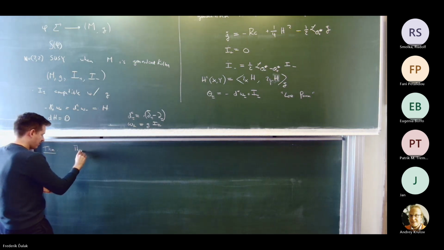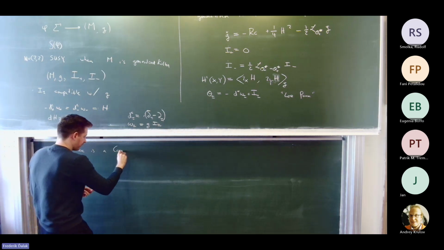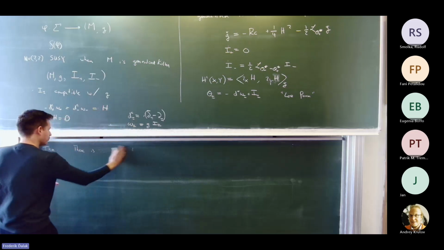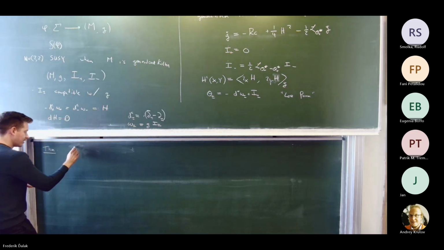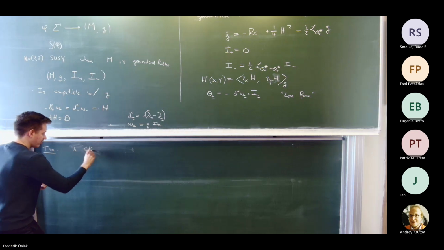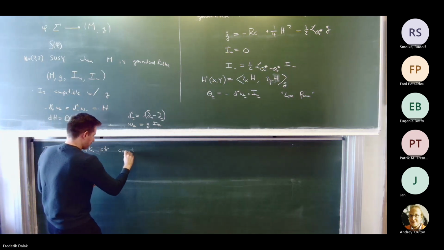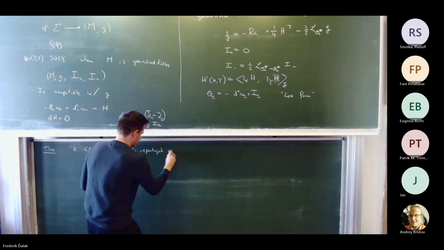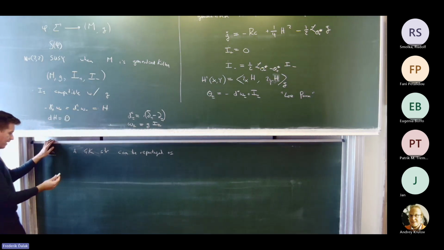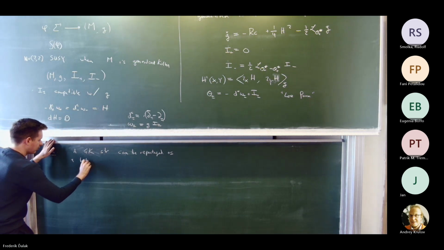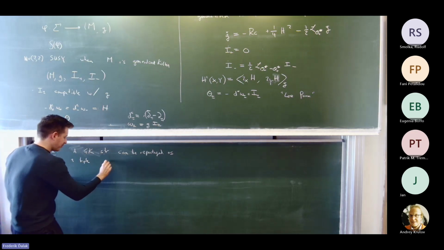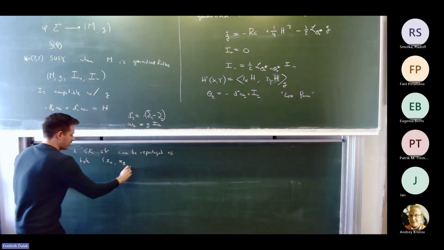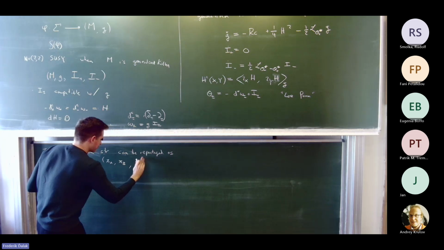Generalized Kähler structure can be repackaged as a triple consisting of a pair of real Poisson structures and a holomorphic Poisson structure with respect to pi plus.